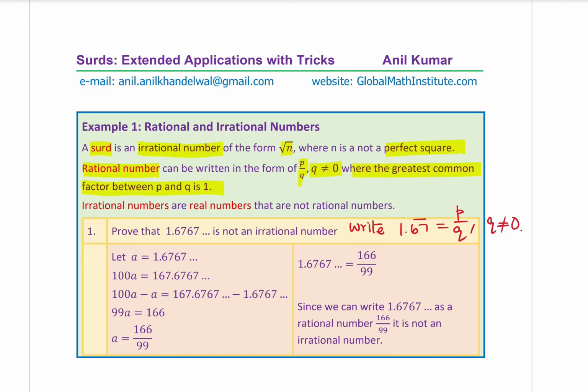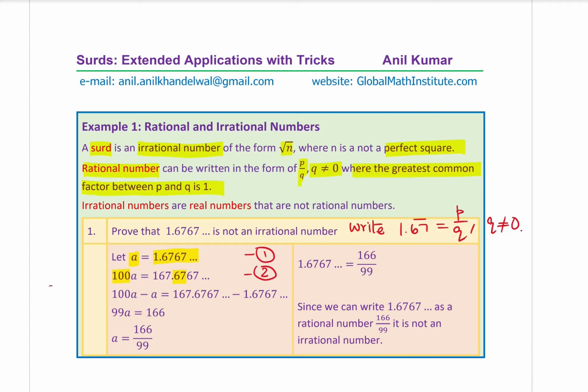So let us see how do we write it in this particular form. So let us say that A is a real number which is equal to 1.6767 recurring. So since there are two digits after the decimal which repeat, we will multiply this by 100. So when you do that, multiplication by 100, you get 167.67 recurring, right? Now, we can take away the first equation from the second equation, correct?